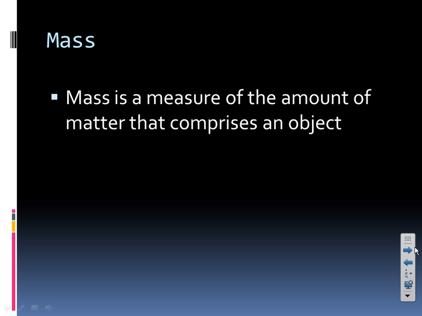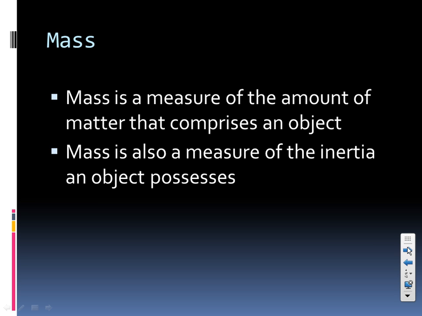Mass is a measure of the amount of matter that comprises an object, and that's true. But the other thing mass does for us is let us know how much inertia an object has. Mass is a measure of an object's inertia, how much it wants to continue doing what it is already doing.